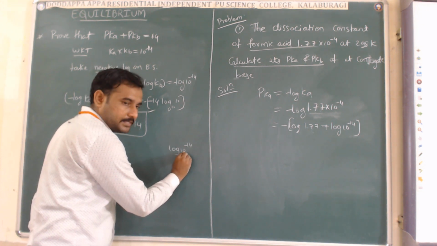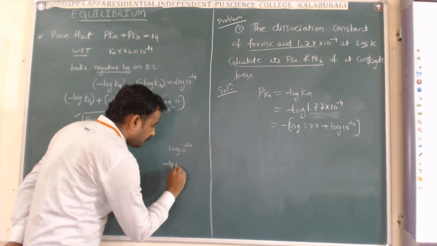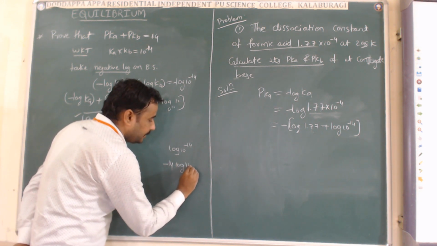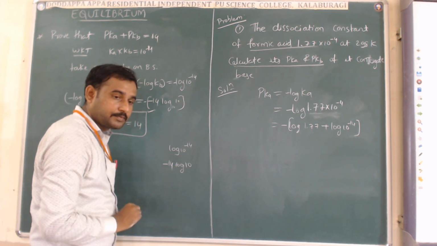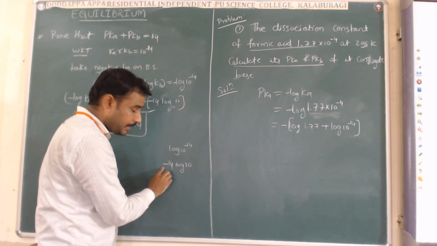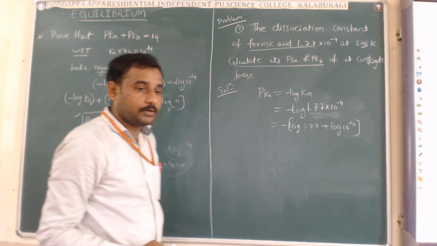So it is minus 14 log to the base 10. The log to the base 10 value is 1. 1 into minus 14, you are getting minus 14. Like that we have to solve here.